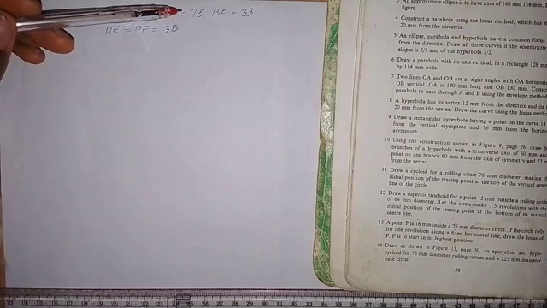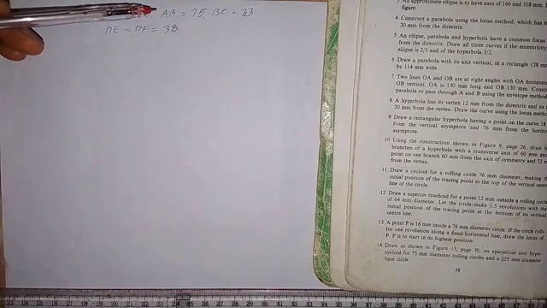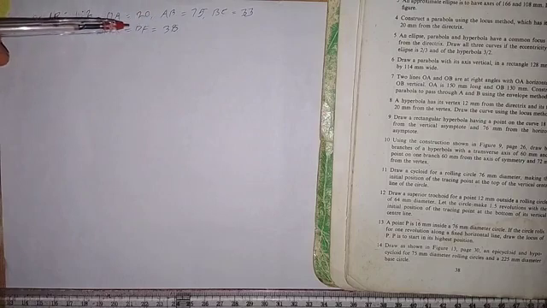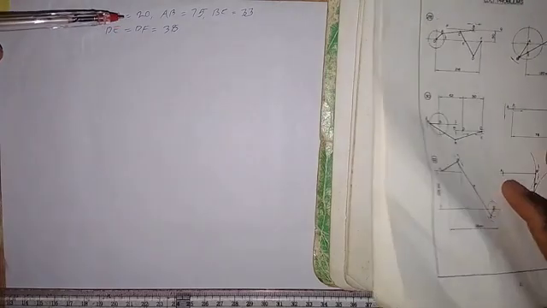CD, which is 130 millimeters, I'll be using 65 millimeters. Then DE and DF, which are 75 millimeters, I'll be using approximately 38 millimeters.